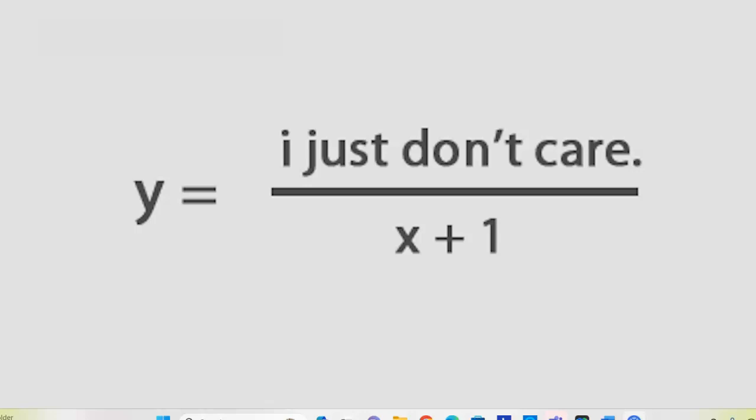Desmos allows users to input mathematical expressions using standard notation and instantly generates corresponding graphs. It supports a wide range of functions including trigonometric, exponential, logarithmic, and piecewise defined functions.